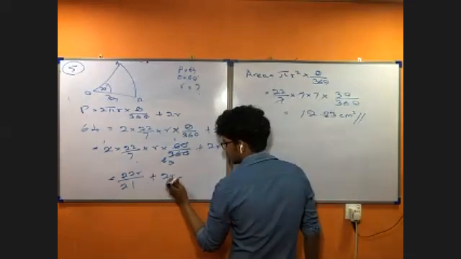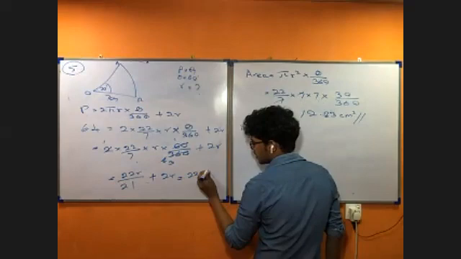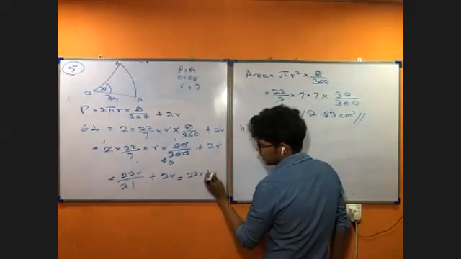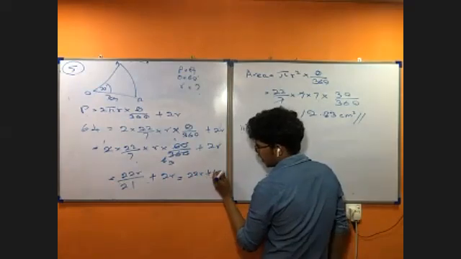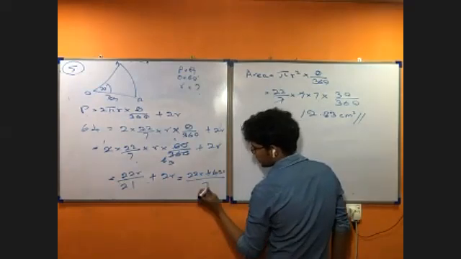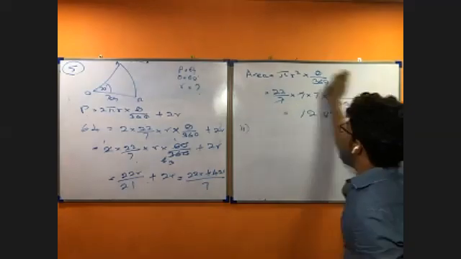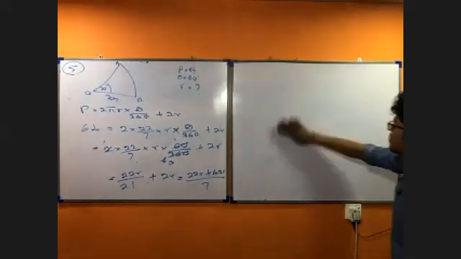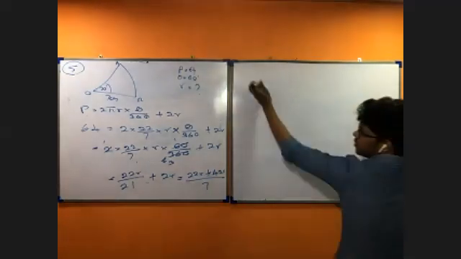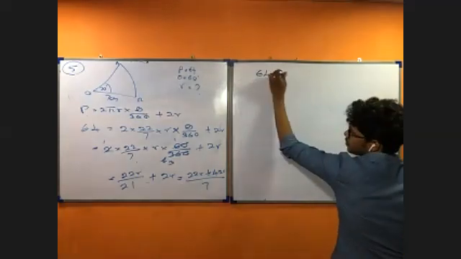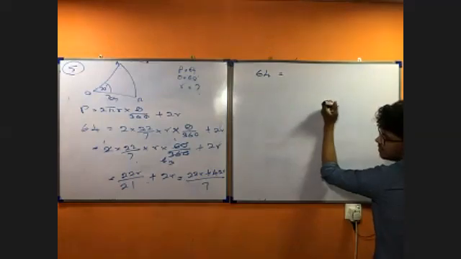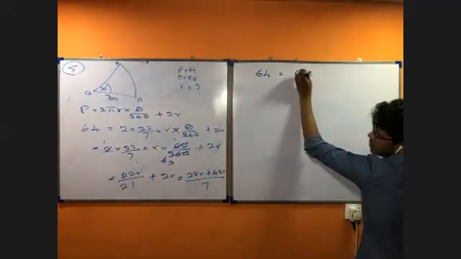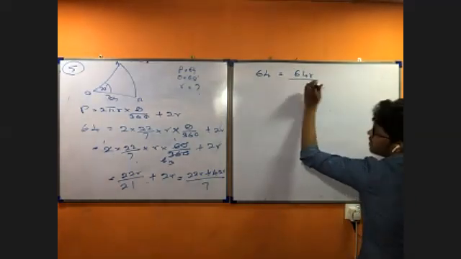So that is going to be 22r plus 42r. No, I need to multiply. So 42r divided by 21, right? So that is going to give me 64 is equal to 22r plus 42r, which is 64r divided by 21.